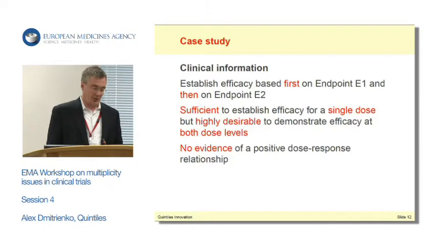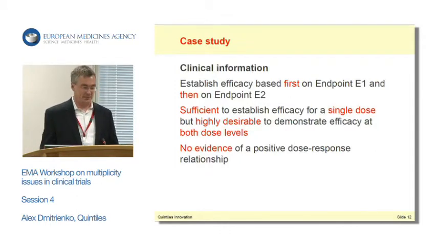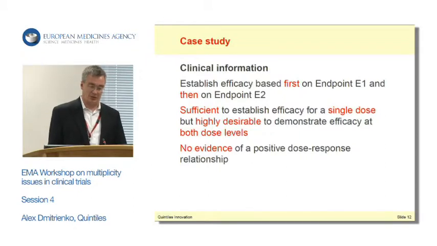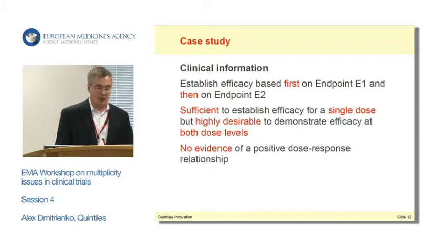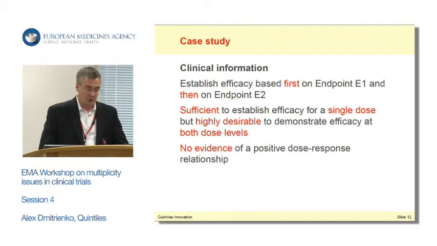From the sponsor's perspective in this case study, it was sufficient to establish efficacy at just one dose level, but highly desirable to get efficacy at both dose levels. That's because it provides more information about the dose-response relationship, and it makes it easier for prescribing physicians to choose the dose for each individual patient, because there's more to choose from. And finally, which is commonly the case in CNS trials, there was no evidence of a positive dose-response relationship coming out of their phase 2 trials.